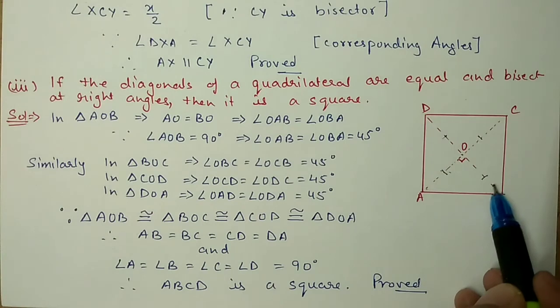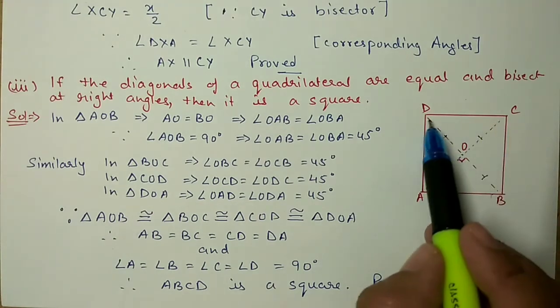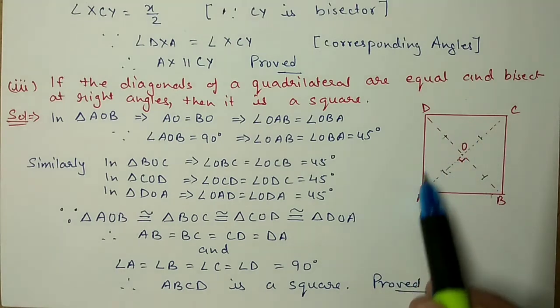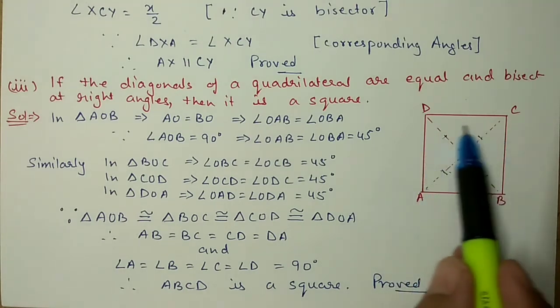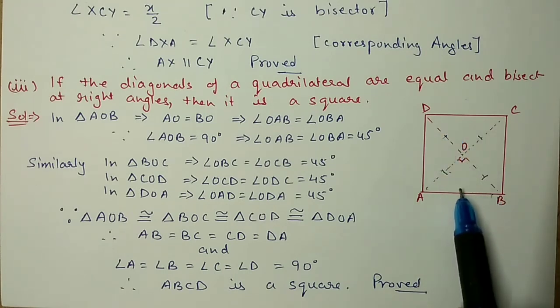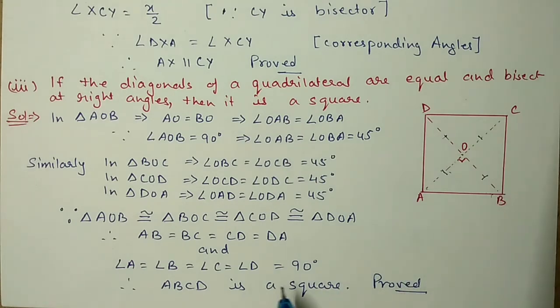Here also 45 plus 45 will be 90. Here also 90 and here also 90. So we have shown all the four sides are equal and all the four angles are 90 degrees. And if all the four sides are equal and all interior angles are 90 degrees, then the figure is a square. So we can say here ABCD is a square.